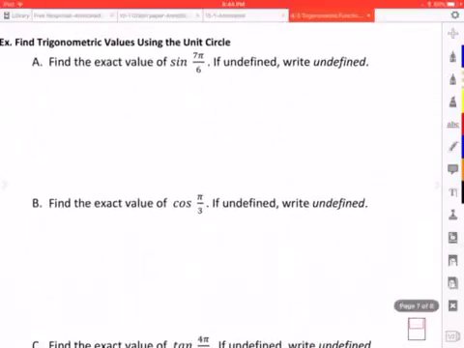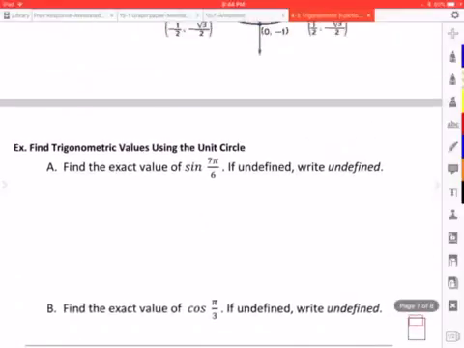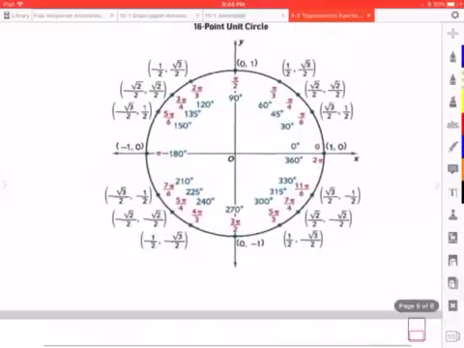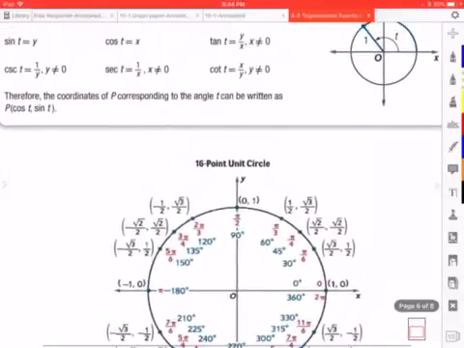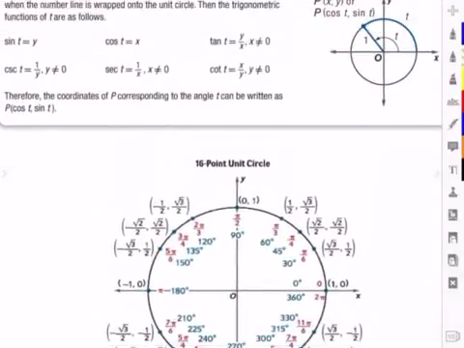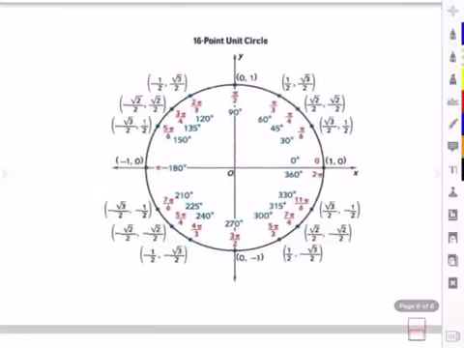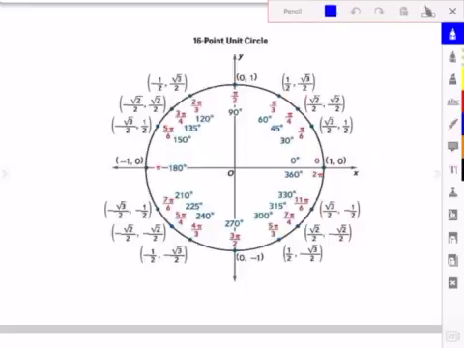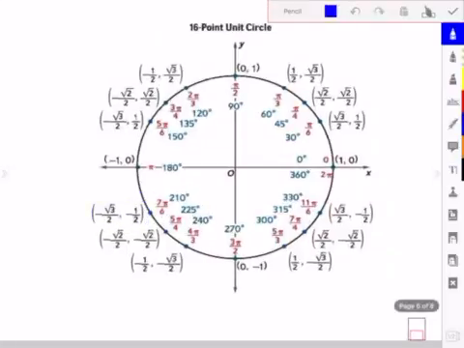Okay, so to find trig values using the unit circle, the first one I have here is find the exact value of sine of 7 pi over 6. If it's undefined, you write undefined. Looking back at my definitions, sine t is y. So just here on my unit circle, I find 7 pi over 6, and it has an ordered pair here at negative square root of 3 over 2 and negative 1/2.